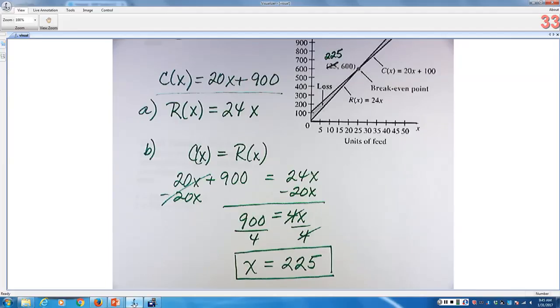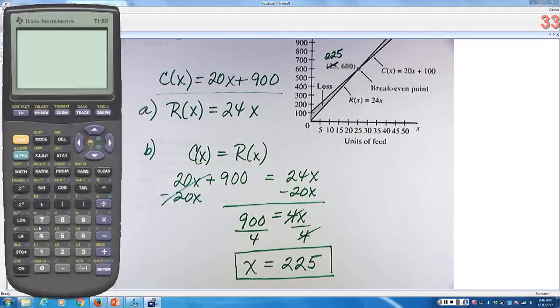So this is our break-even point. The break-even point is at 225 units, and that's where cost and revenue are going to be equal. So let's see, how much would the cost be for 225? We'll use the calculator. Okay, so it cost them $5,400 to make those 225 units.